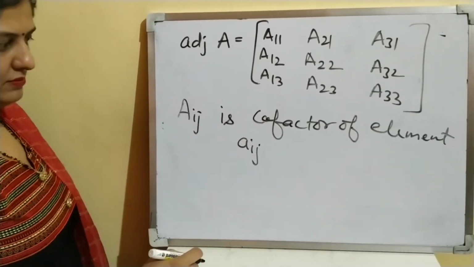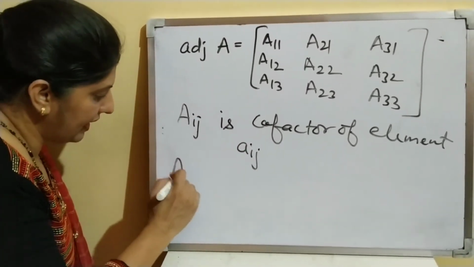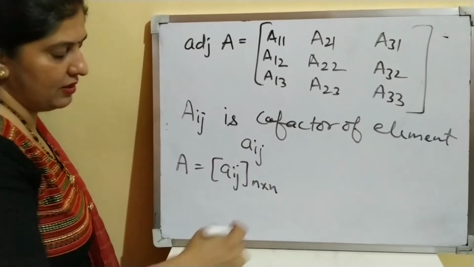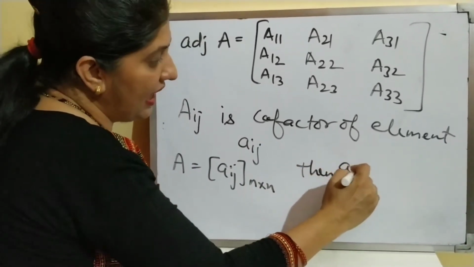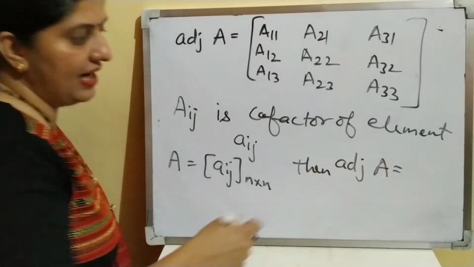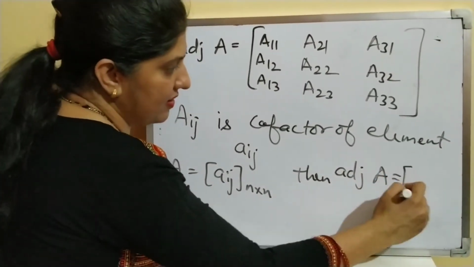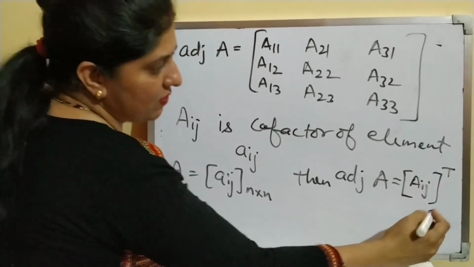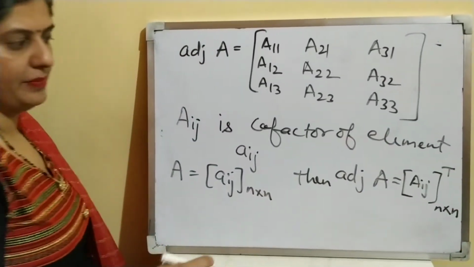And you already know that capital Aij is the cofactor of element aij. And if A is any matrix of order n, then adjoint of A is also a matrix of order n. Remember it.